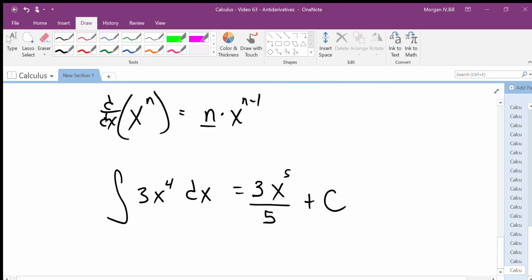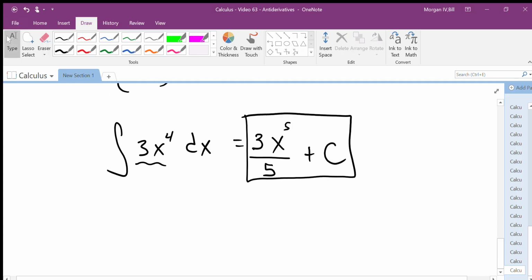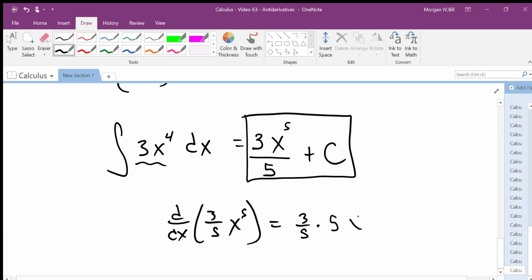Let's see if this makes sense. So I think this is my antiderivative. If I take the derivative of that, I should get back to the 3x to the 4th. Let's see if I do. The derivative of 3/5 x to the 5th. What I'll do is I'll bring the 5 down, so I'll get 3/5 times 5, and I'll subtract 1 from the exponent.